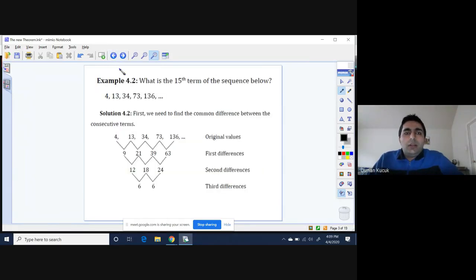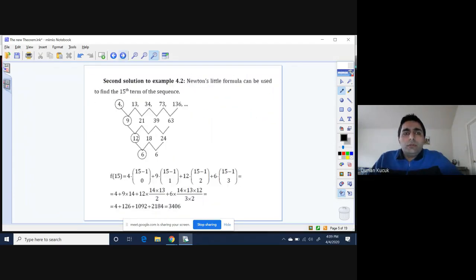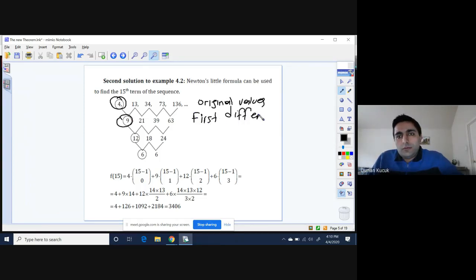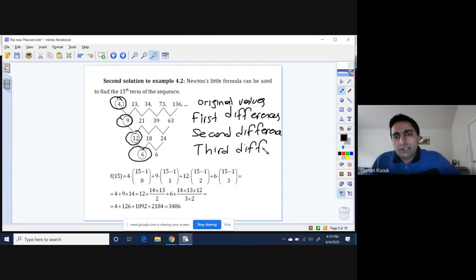Newton's formula uses the first term of the original values, the first term of the first differences, the first term of the second differences, and the first term of the last differences, which is the third differences. Basically, Newton's formula uses the first term of each row.